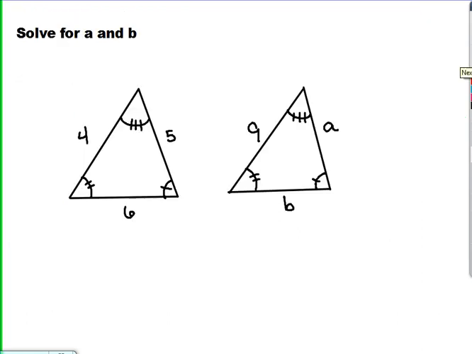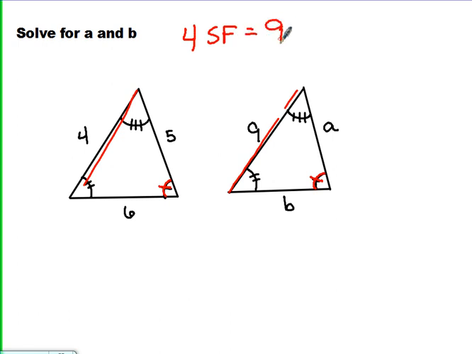All right, let's look at the second example. We're solving for a and b. We're using scale factor. So we're going to find the scale factor together, and then you're going to solve for a and b. Let's look at the scale factor first. We want to find corresponding sides that we know. We know sides across from the right-hand angle. We know 9 and 4. So 4 is to 9, as 5 is to a, and 6 is to b.